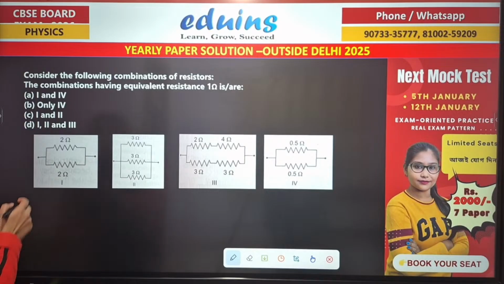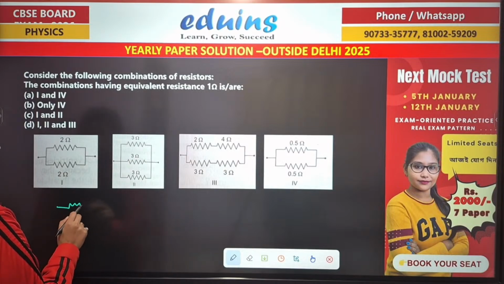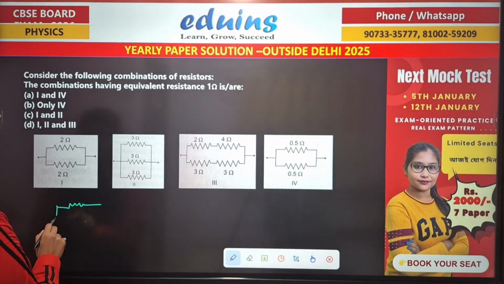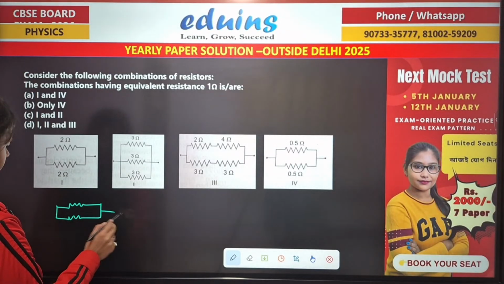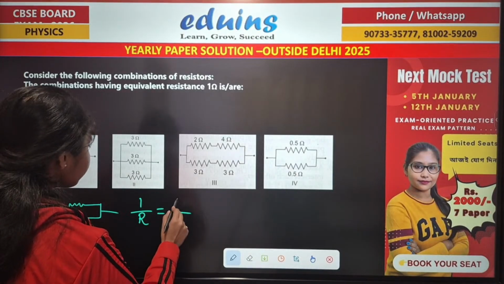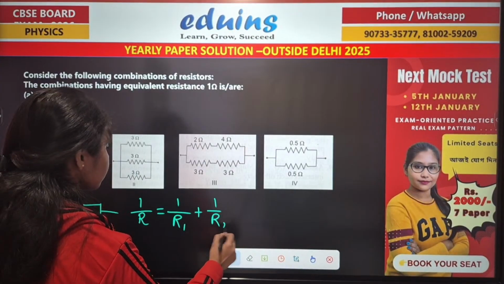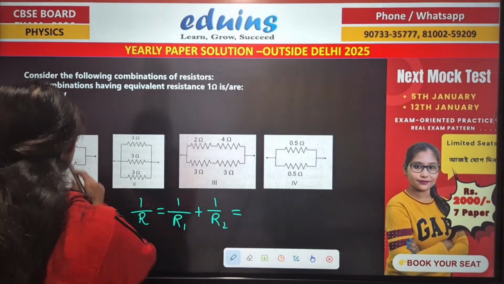At first, we got option A, the circuit number 1. So we know the parallel connection. What is the parallel connection? We know that. And the formula is 1 by R is equal to 1 by R1 plus 1 by R2. Okay. So now we have to solve it. 2 and 2.